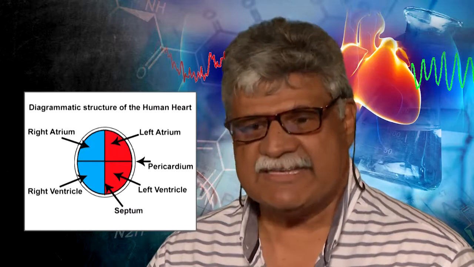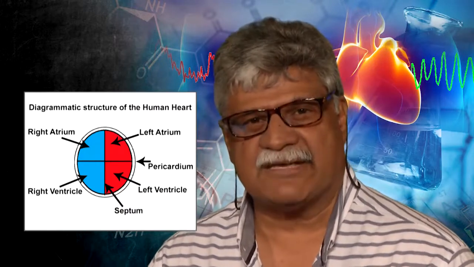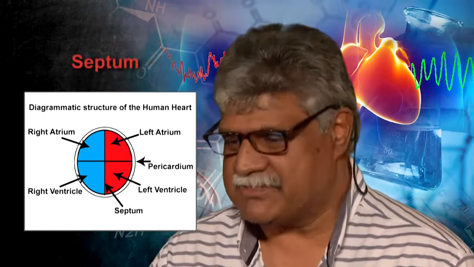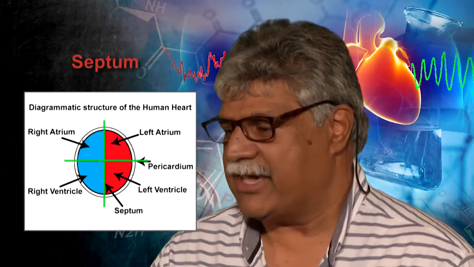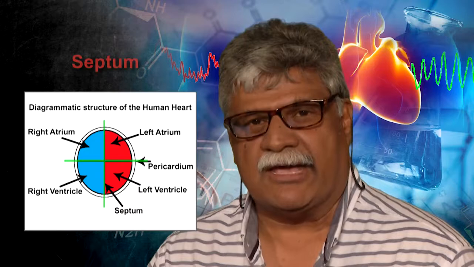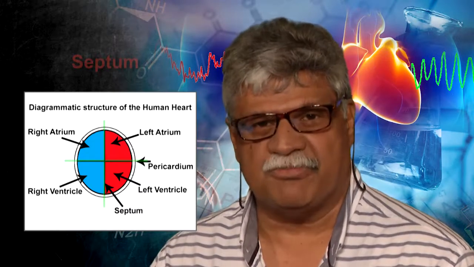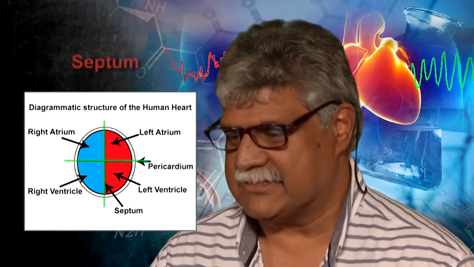And dividing the left and the right side of the heart is cardiac muscle tissue, and this is called the septum. The septum has this very important function of ensuring that the deoxygenated blood and oxygenated blood do not mix, and that's very important for the function that you'll learn in your next lesson.